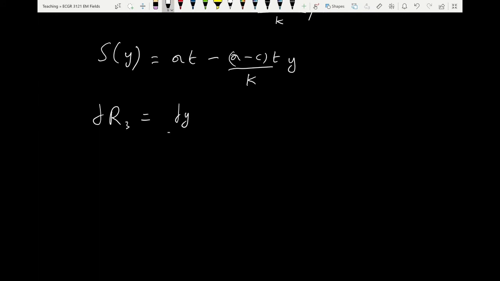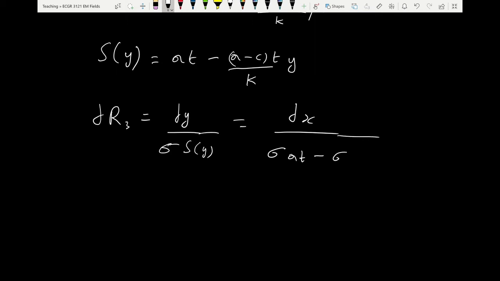It's an infinitesimal distance, right? Over sigma S of y. So dR3 is going to be dy over sigma at minus sigma (a minus c) t over k, times y.